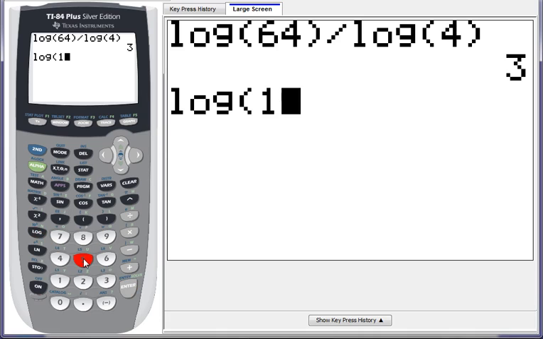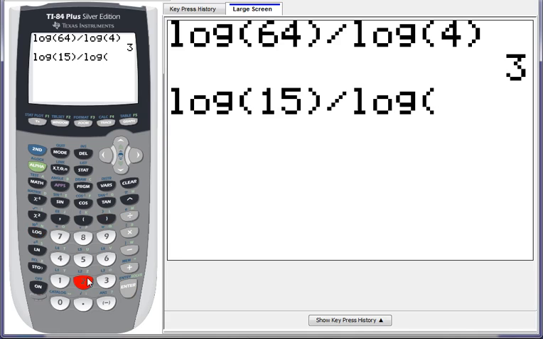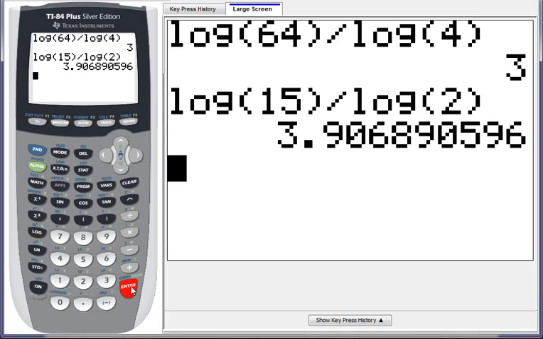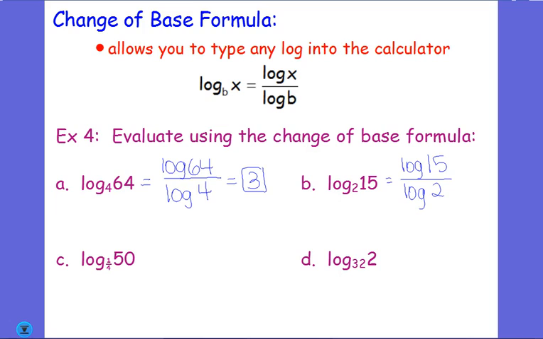Log 15, close parentheses, divided by log 2, close parentheses, 3.906, and this guy rounds him up to a 9. So 3.9069. So go ahead, pause the video, try the next two to make sure you're able to do these on your own.